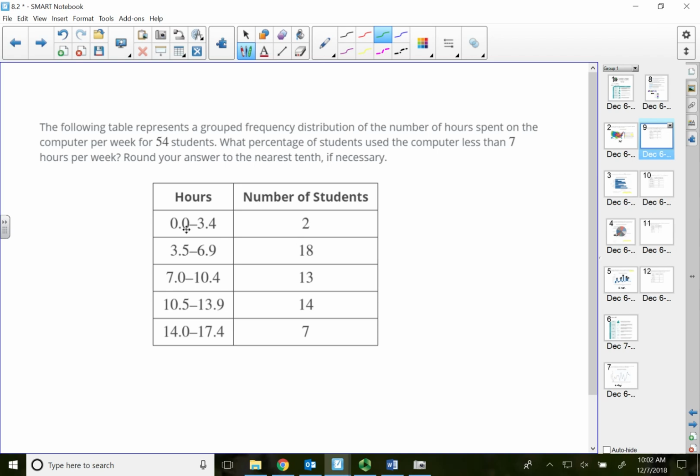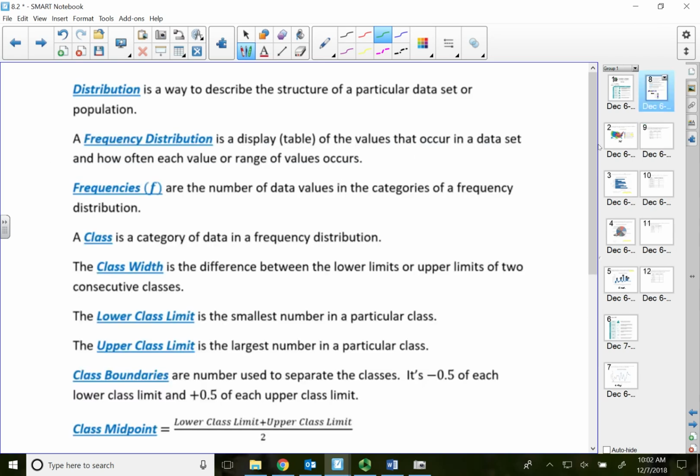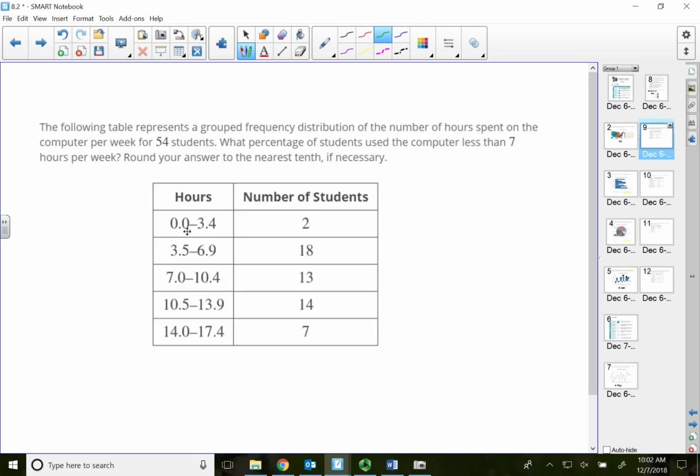The lower class limit is the smallest number in each particular class. The lower class limit for the first class is 0. For the second class it is 3.5. The next classes are 7, 10.5, and 14.0.